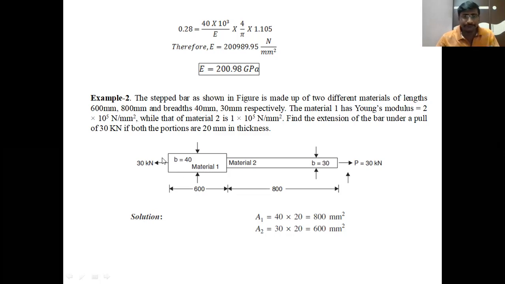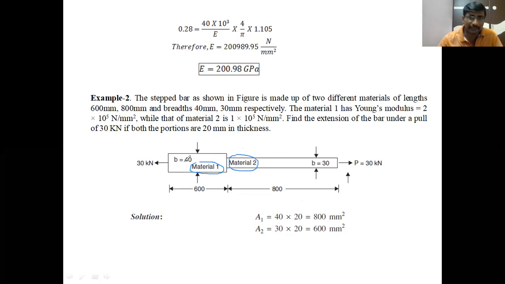In this example, we have to find the total extension of the bar under a 30 kilonewtons tensile load. So this is the diagram which is given in the problem. This bar or member consists of two materials, material 1 and material 2.